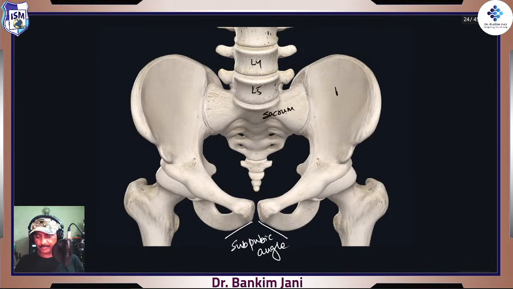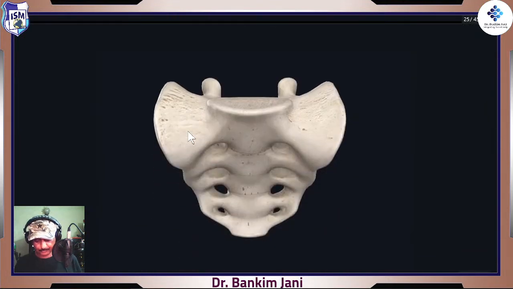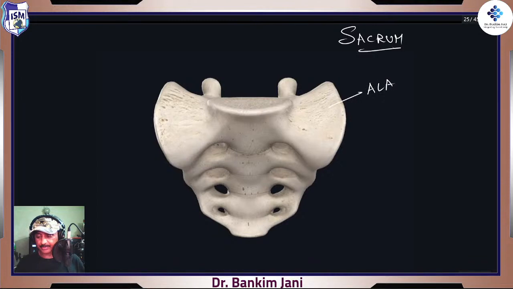That is sacrum and that is all hip bone, right? You know this part. That's sacrum. This is the ala of sacrum, correct? Ala is the wide upper part, and it supports weight.